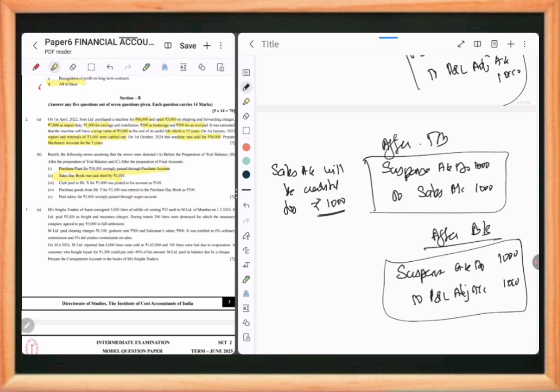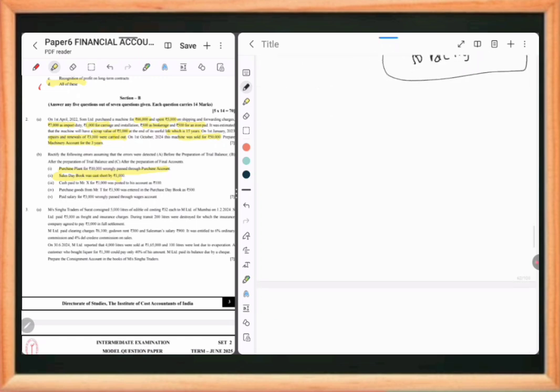X for rupees 1,000 was posted to his account as rupees 100. So here, cash paid to X 1,000 rupees. Actually, we have to prepare X account. X account means, cash paid to X means X account debit to cash. That is 1,000 rupees. It is a correct answer. I mean, the X account should be debited for rupees 1,000 to cash. But we didn't do that.